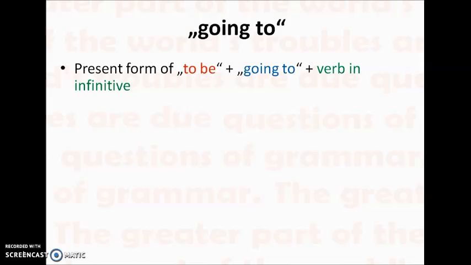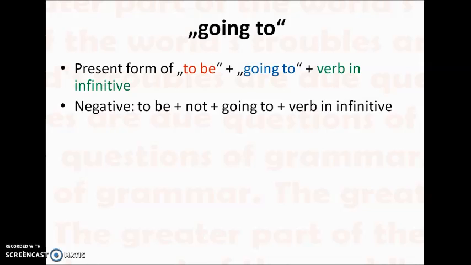Another way of expressing future is using the going to form. It consists of present form of to be, followed by going to, followed by verb in infinitive. When expressing negative, we put the word not after the to be.